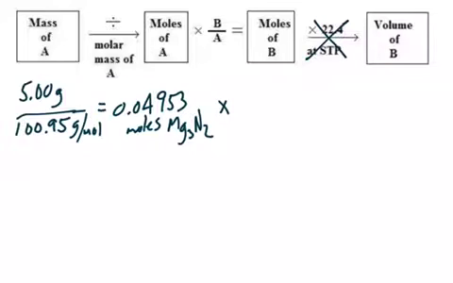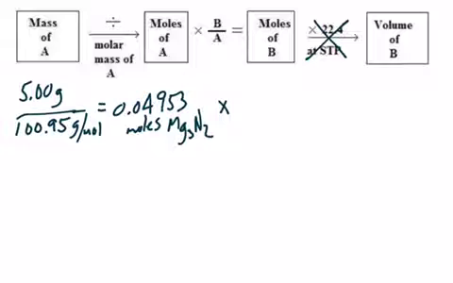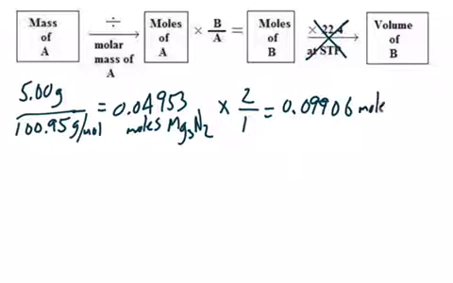Once we're in moles, we can go from A to B, from the given to the unknown. The mole ratio is B over A, so the mole ratio this time is 2 over 1. So let's multiply here by 2 over 1. And you're going to get 0.09906. And that's moles of B.